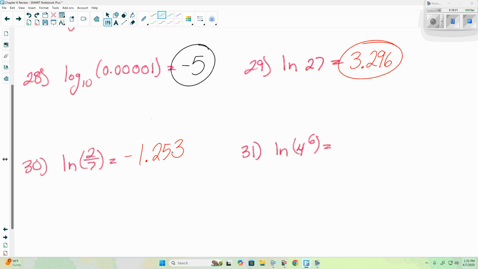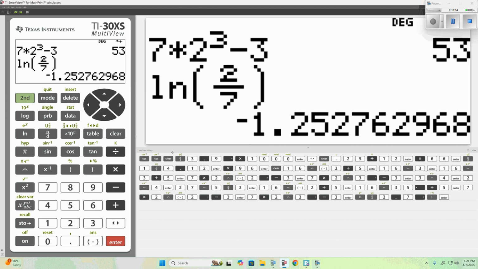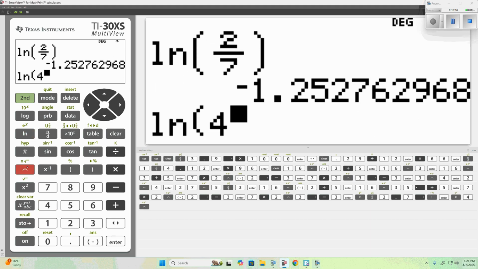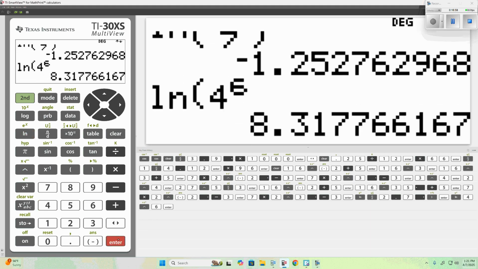We just cannot have a negative number inside that log. Might as well, we're right here. Natural log of 4 to the 6th is 8.3177 or 8.318.